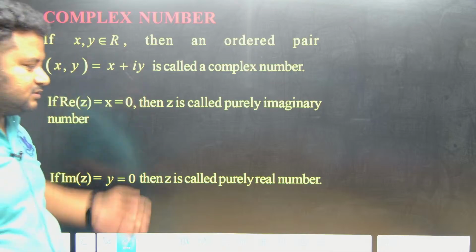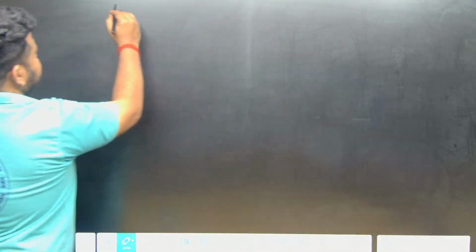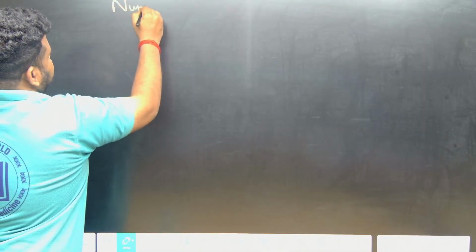Complex number means what? See, before going to this, we know the classification of numbers. How do we classify numbers?